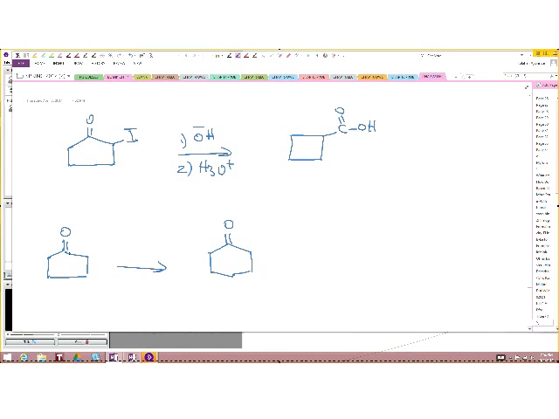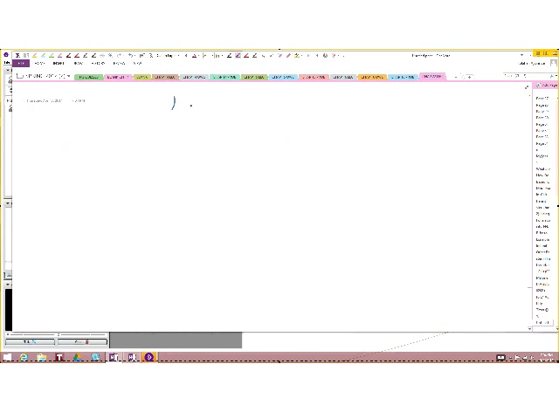So now, how do you go from this 5-member ring to 6-member ring? The way to do that, let us say, is a ring expansion reaction using diazomethane.